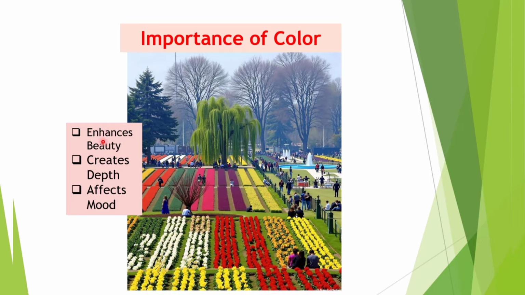Importance of color: it enhances, creates depth, and it affects the mood of a person. The picture is about a tulip garden. As I have already mentioned, it is Asia's largest tulip garden, spanning 74 acres, and it homes 1.5 to 1.7 million tulip bulbs, featuring 48 to 73 varieties.